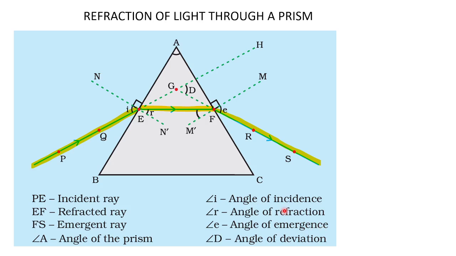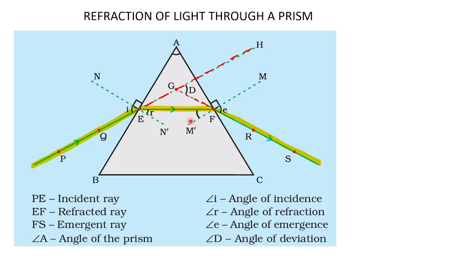So what I am saying is, if the prism was absent, the incident ray is supposed to move along this path, this red colored path. This deviation in the emergent ray happens only because of the prism. So let me extend the emergent ray backwards.